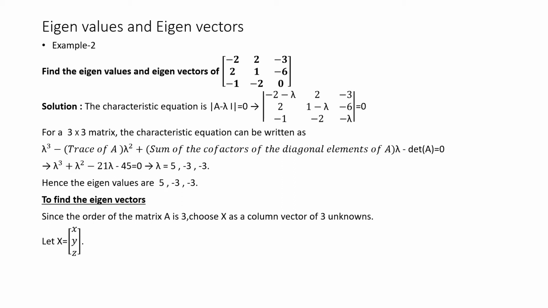To find the eigenvectors, we need to choose capital X. Since the order of the given matrix is 3, choose X as a column matrix of 3 variables. Let it be the column vector x, y, z.